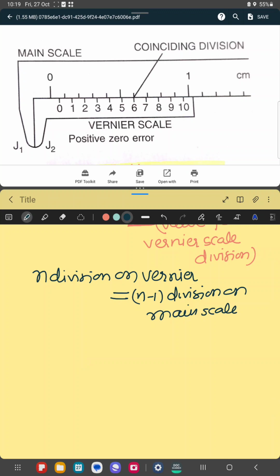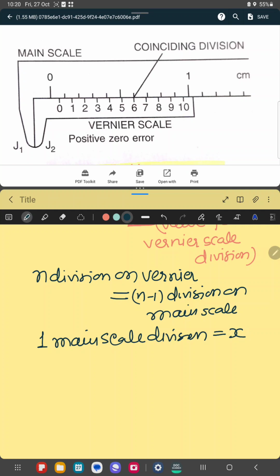Let's take one main scale division to be equal to x.